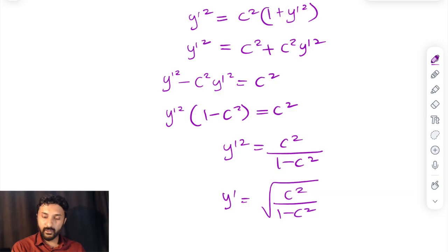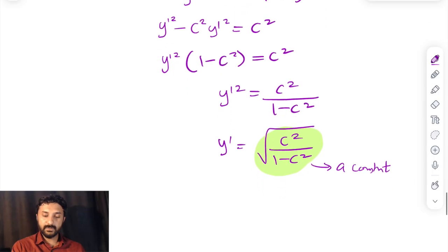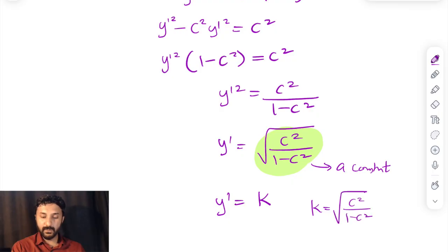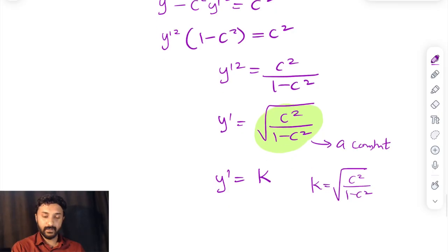And now the square root of all of that combination of c's is ultimately going to be a constant, which means I can simply write it as some constant k. So what I'm doing is replacing root of c squared by 1 minus c squared with k.